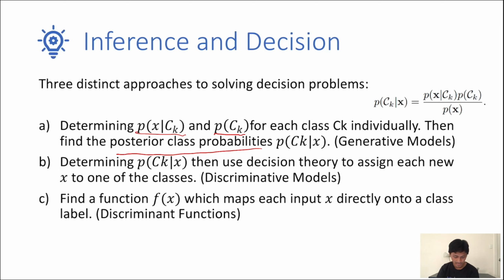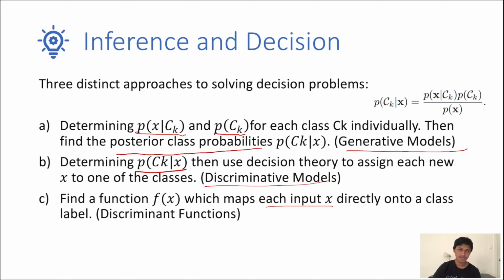This approach we call generative models. The second approach uses discriminative models, that is, determining the posterior probability p(Ck|x) directly, and then using decision theory to assign a new x to one of the classes.